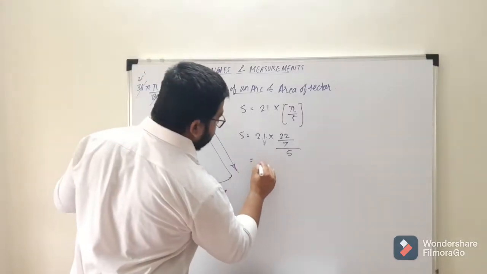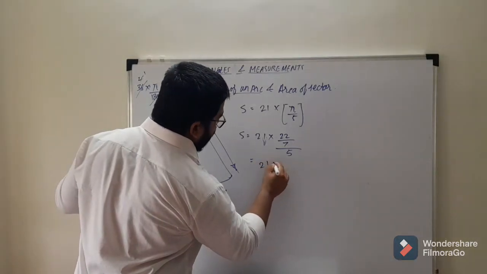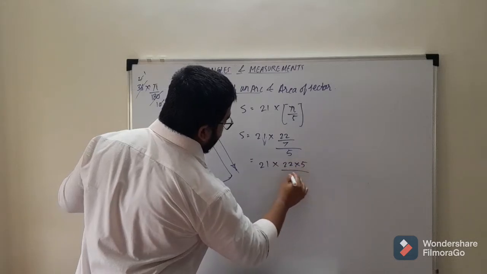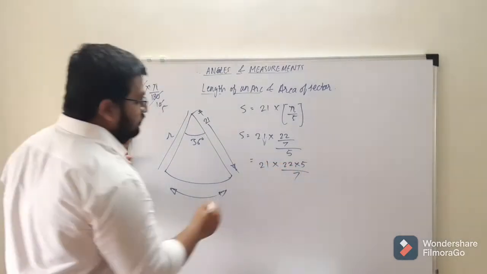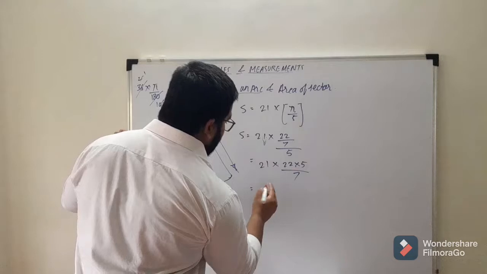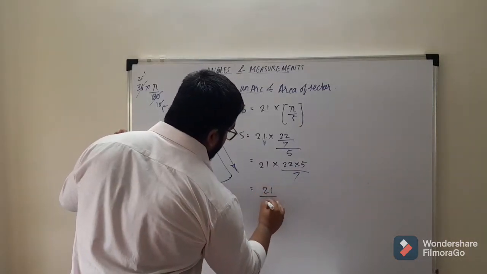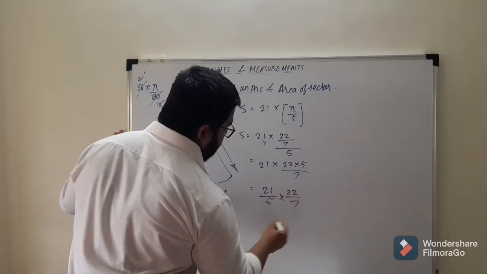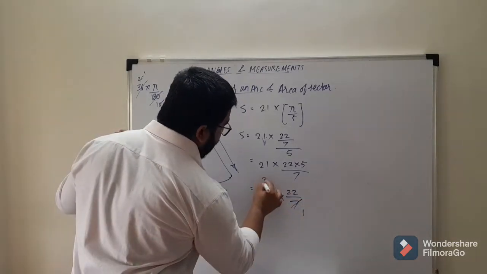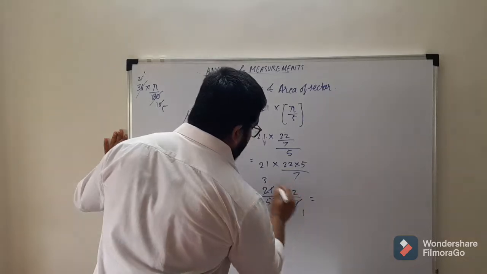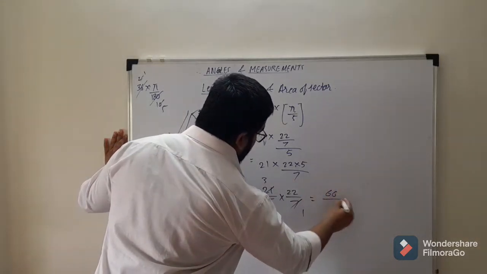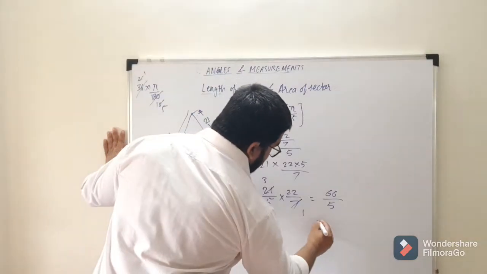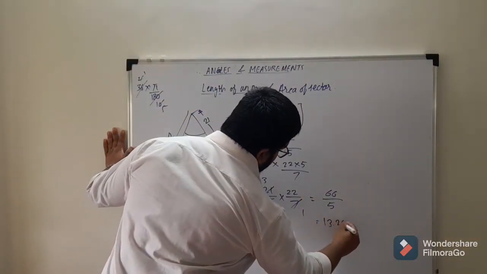So this will be 21 into 22 upon 7 into 5, which is 21 upon 5 into 22 upon 7. So 7 1s are 7, 7 3s are 21, which is equal to 22 into 3, 66 upon 5. So 66 upon 5, the answer is 13.2 centimeters.